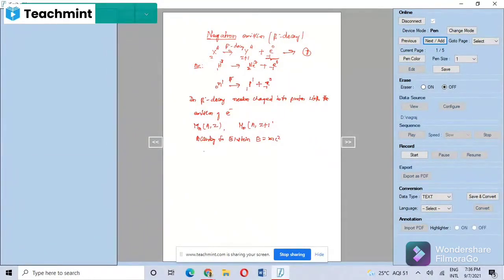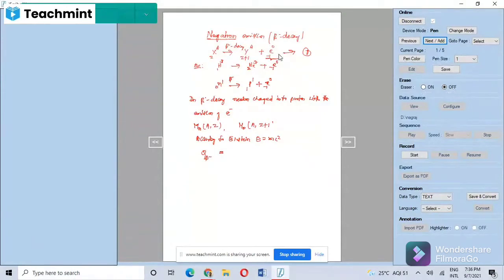And the energy released in beta minus decay can be written as, now you just look at the equation number 1. So this equation number 1 is X of Z, A gives rise to Y of Z plus 1, A plus the electron, and apart from that we will have some energy.